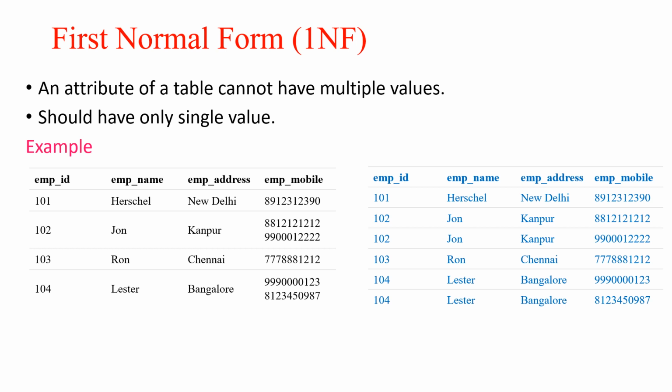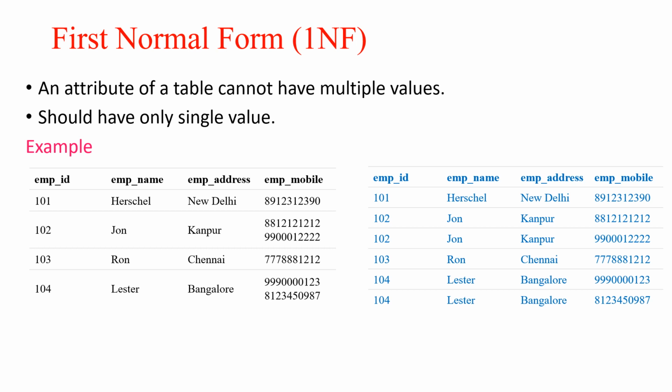For example, a company wants to store the names and the contact details of its employees. The table would look like this. In the above example, the two employees named John and Lester have two different mobile numbers, so this is not in the first normal form.